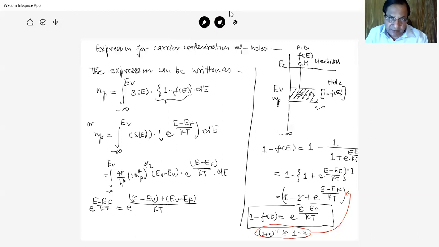This is nothing but e raised to the power (E minus EV) upon KT times e raised to the power (EV minus EF) upon KT.